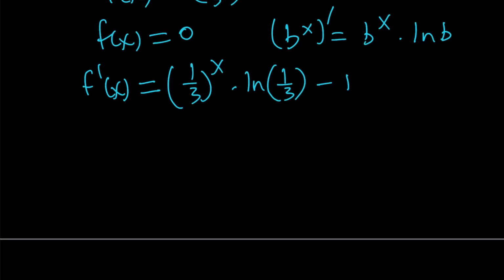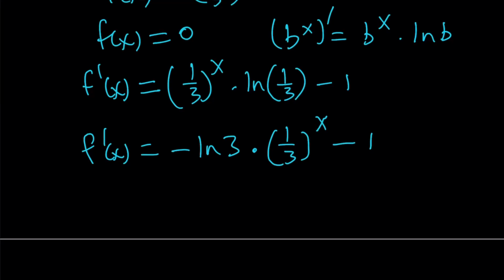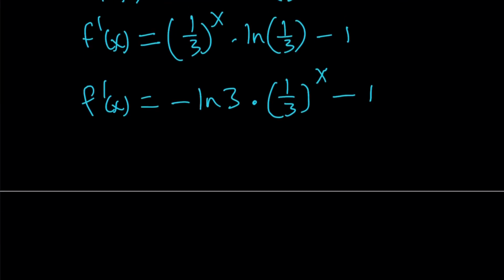But notice that ln 1/3 is negative ln 3. So we can write this derivative as negative ln 3 multiplied by 1 over 3 to the power x minus 1. So for any x value, notice that 1 over 3 to the power x is always positive. We're subtracting 1 from it, so don't worry about it.